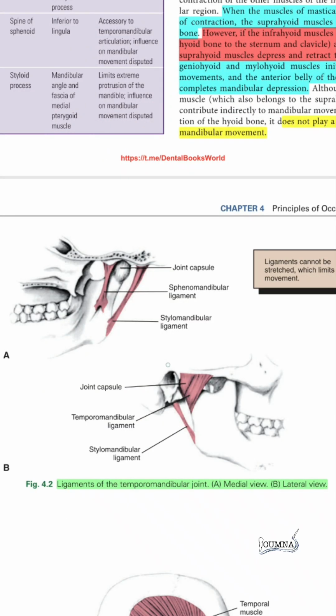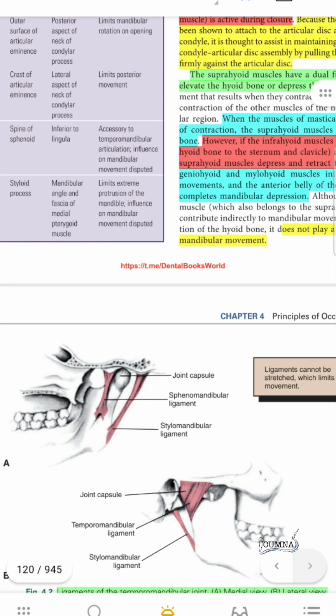There are 3 pairs of ligaments that are associated with the temporomandibular joint. The first is the sphenomandibular ligament. It has nothing to do with the movement, but it helps the carrying of the mandible.